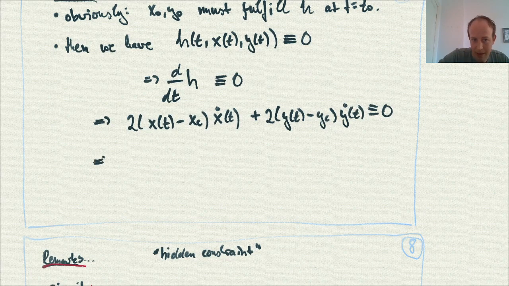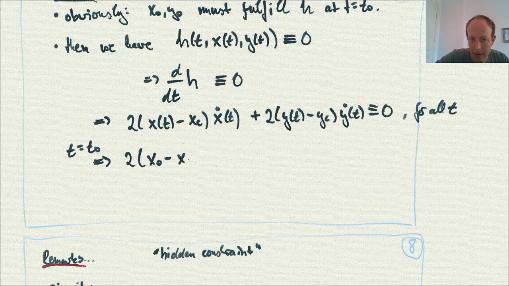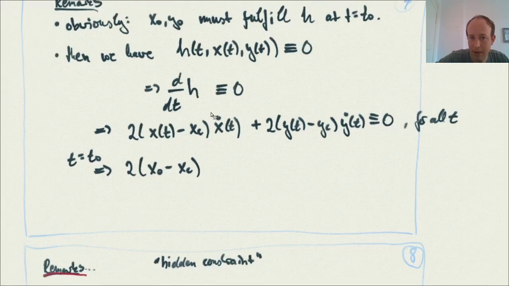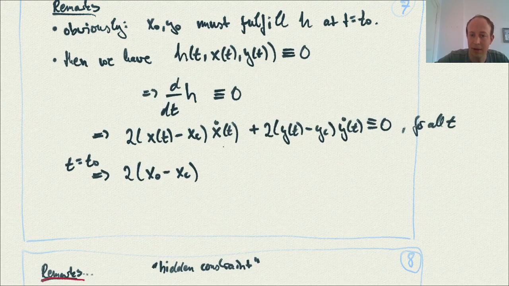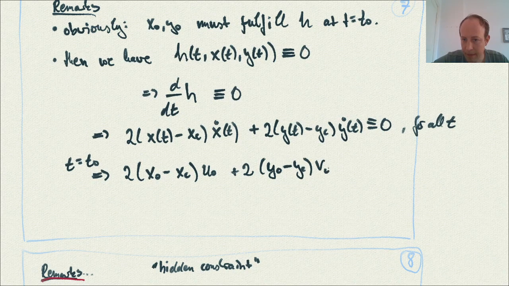This should hold for all time t, and in particular at t equal to t0, this gives 2 times x0 minus xc times the initial condition on the velocity, which was u0, plus 2 times y0 minus yc times the v0.